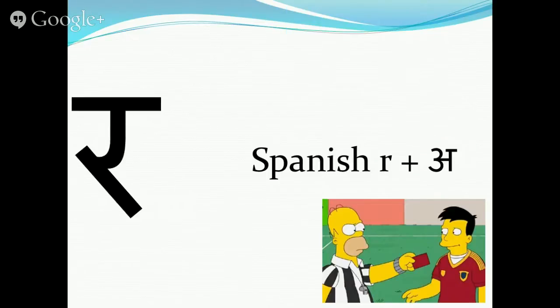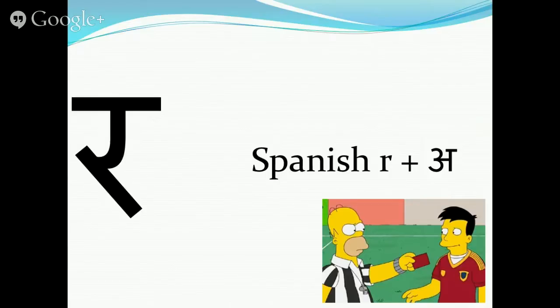So here we go into our next sound, which, for those of you that know Spanish, Portuguese, or those kinds of European languages, you're very fortunate because this symbol here is actually a Spanish R followed by a, not the English R. So this is ra, ra, ra.